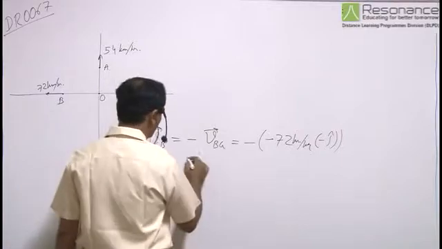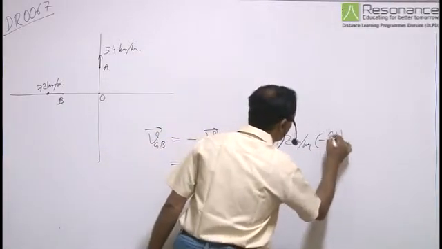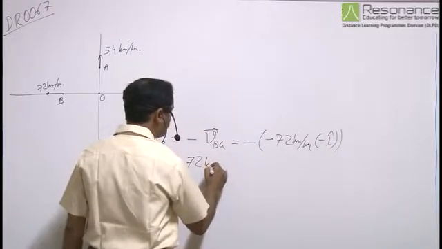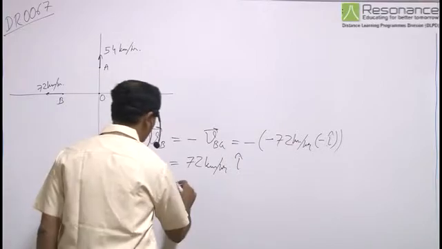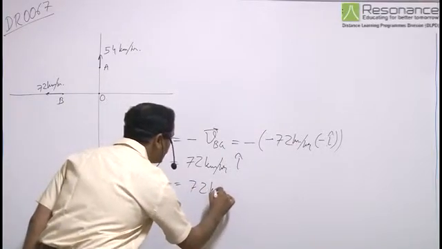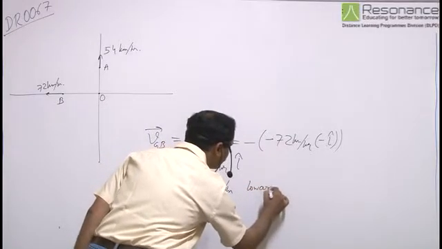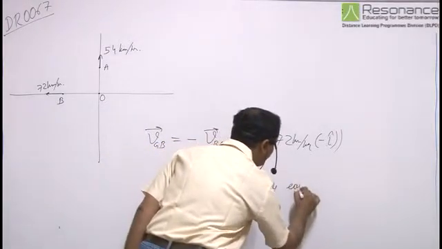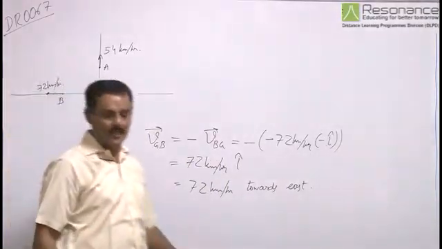So this is equal to 72 in the i cap direction. So it is 72 km per hour towards east. This is the velocity of ground with respect to B.